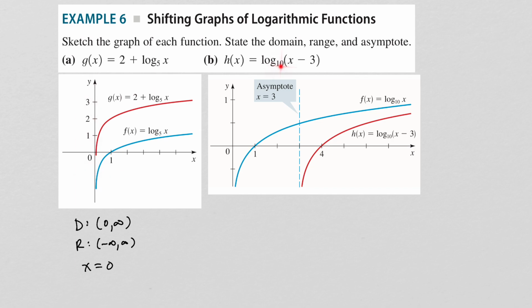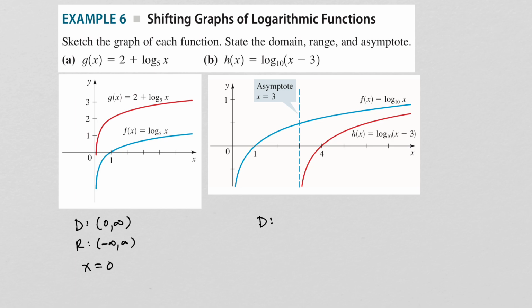And then the second graph, log base 10 of x minus 3, we can take the graph of log base 10 of x, and we understand that x minus 3 is going to shift this graph 1, 2, 3 units to the right. And so now we get this new graph. And this graph has a different domain, right? So now the domain is that you can only plug in values of x that are greater than 3.